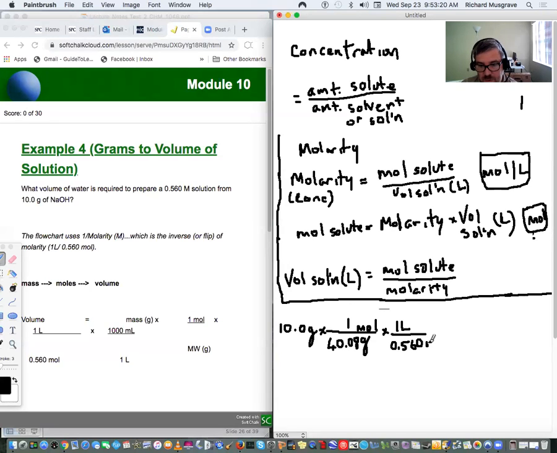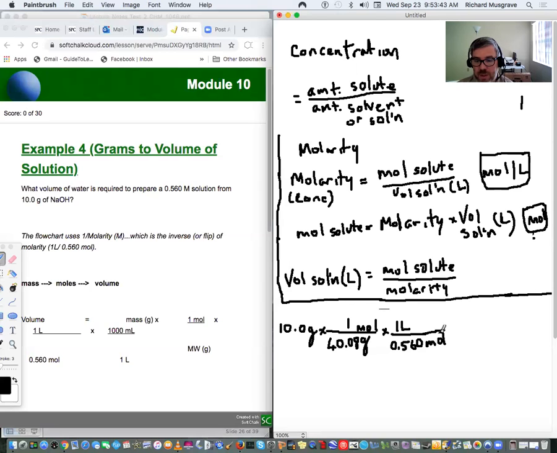Now, this is something that a lot of people struggle with, is why I flip this over. But the thing is, to divide by something is the same as multiplying by its flip or its inverse. An example would be if you were going to divide by 2, that's the same as multiplying by 1 over 2.